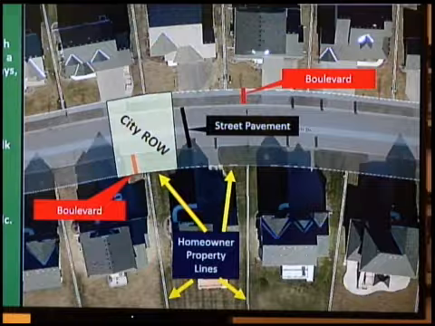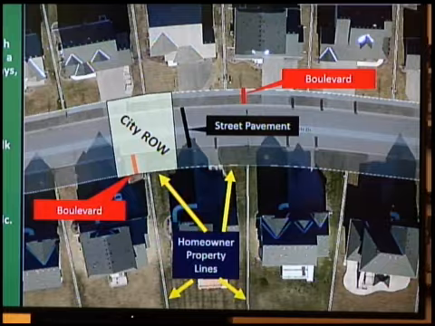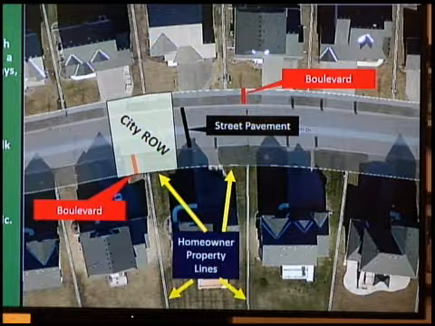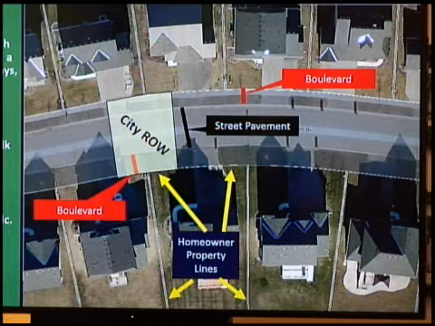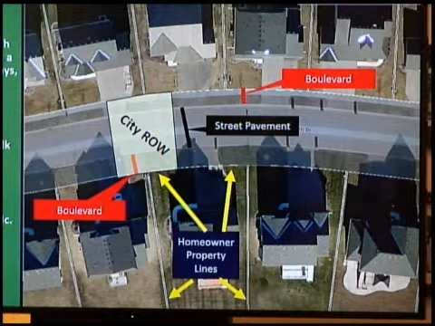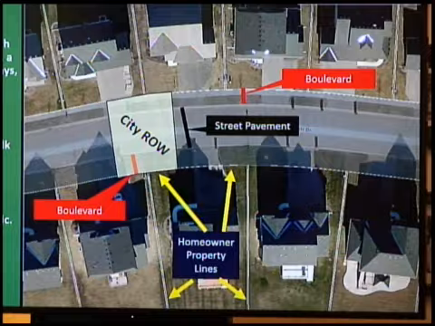One of the things that might go unnoticed is, can I put landscape rock in there? I haven't discussed that specific detail with Brian, but if you put landscape rock all the way up to the curb, then that rock gets into the street, or different types of landscaping might end up plugging storm sewer drains. So there can be a lot of layers to this.